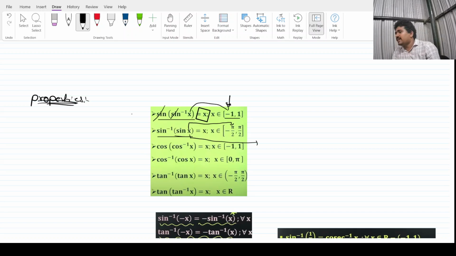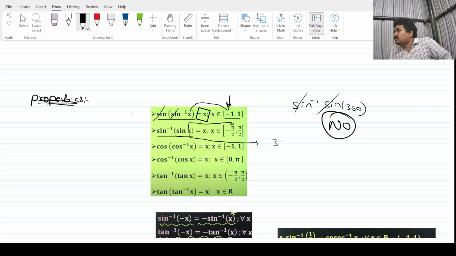Normally x can be any angle: 300, 350, 360, 1000, 10,000. Any angle you want to put, you can put. But for example, observe sine inverse of sine 360. Can I cancel this? Big no. The angle should be within what range? Minus 90 to 90. Is that clear for everybody?